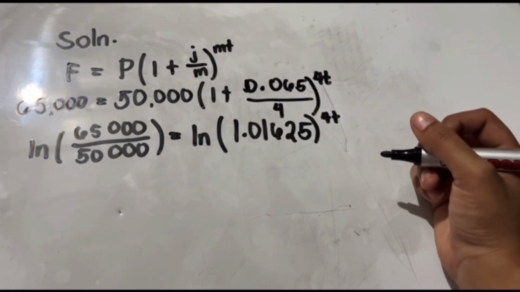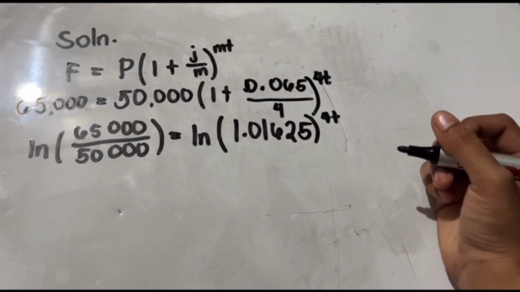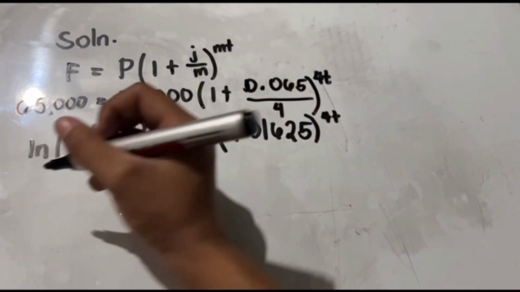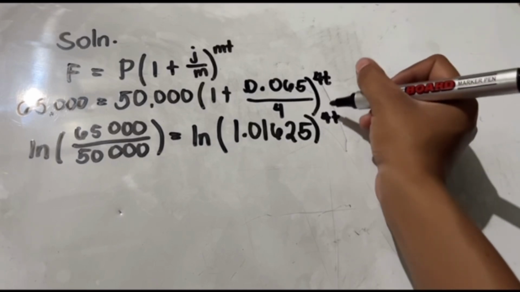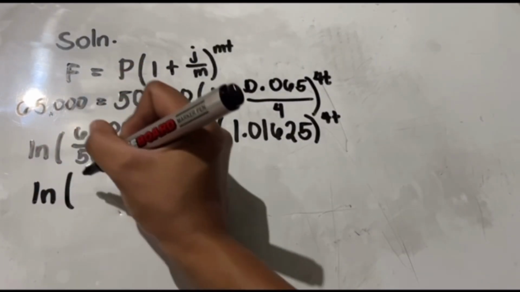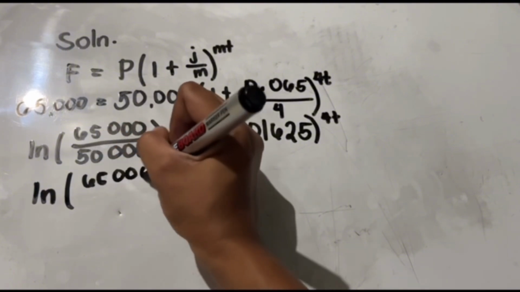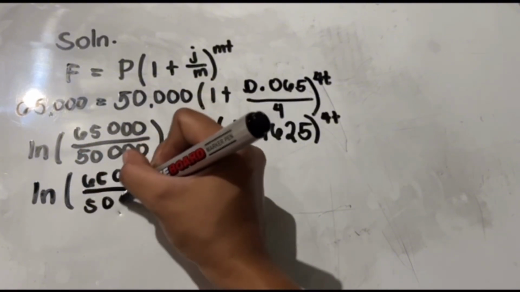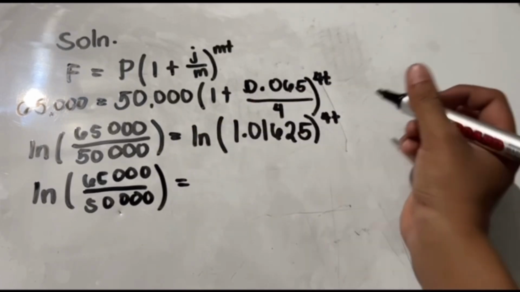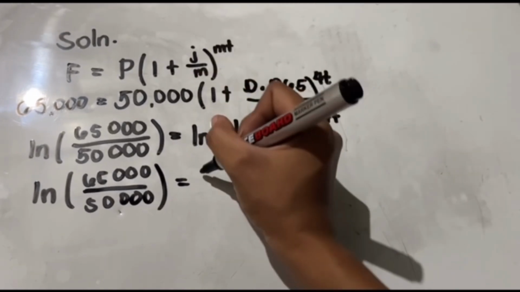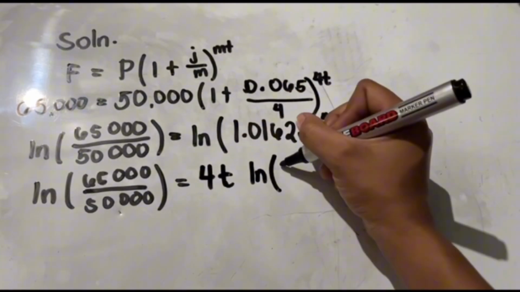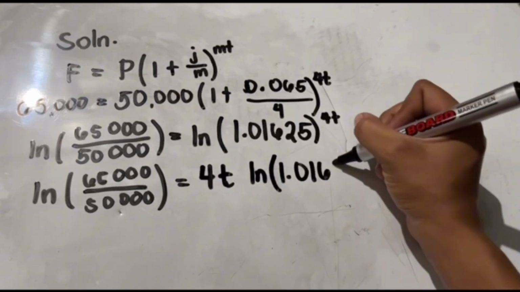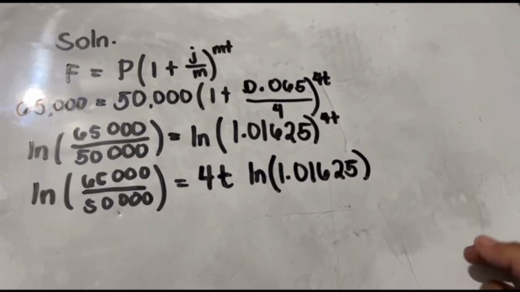So now this time we will make this exponent become our multiplier. So the logarithm of 65,000 divided by 50,000 equals 4t times the logarithm of 1.01625.